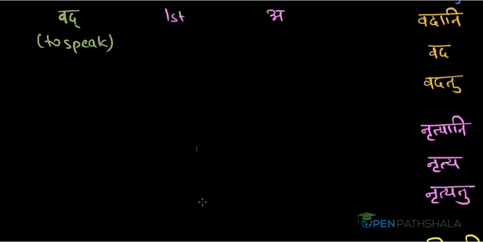Now the next root is nrita. Nrita means to dance. Now this root belongs to the fourth group. So vikarana pratyaya ya will be added to it. So in the place of vikarana pratyaya we have to add ya.